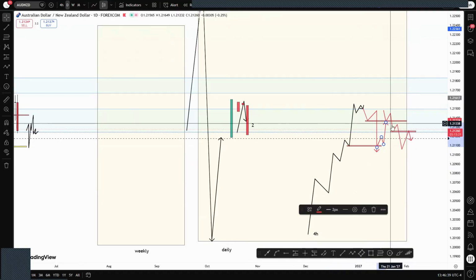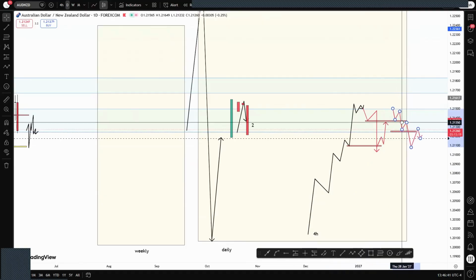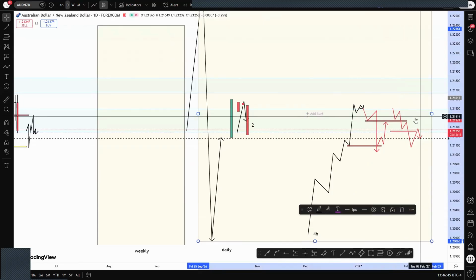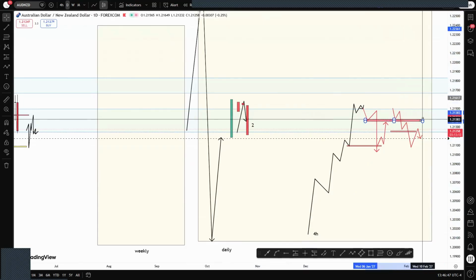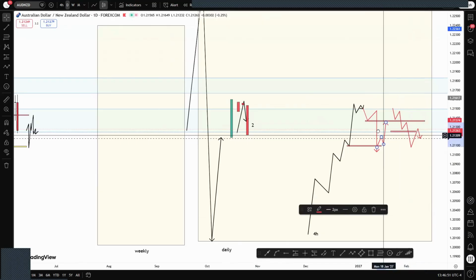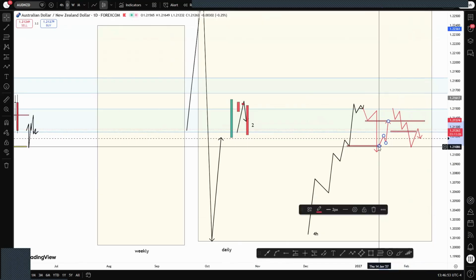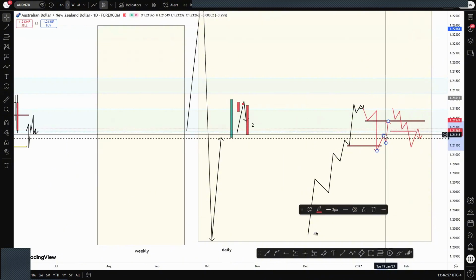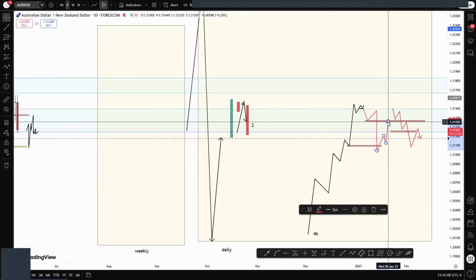This is what I expect. This is what we expect if price ends up breaking without any level, because this is where price last gave us an opportunity to sell. You see? So when we're at that point, then we can sell.